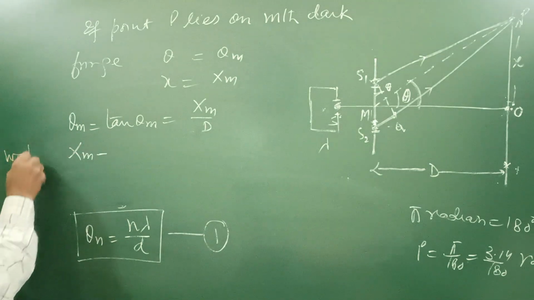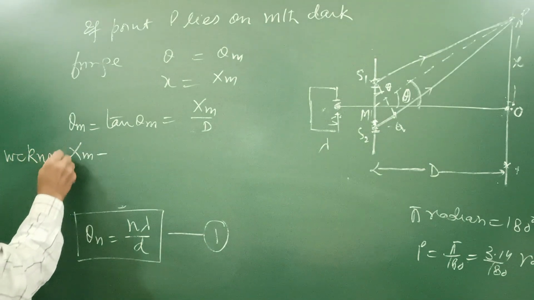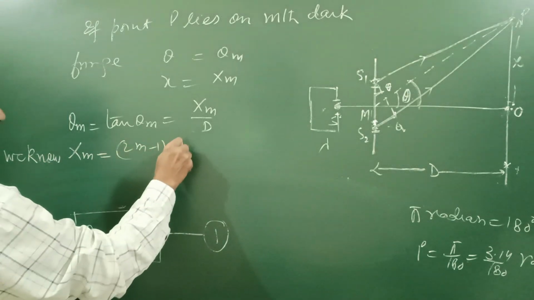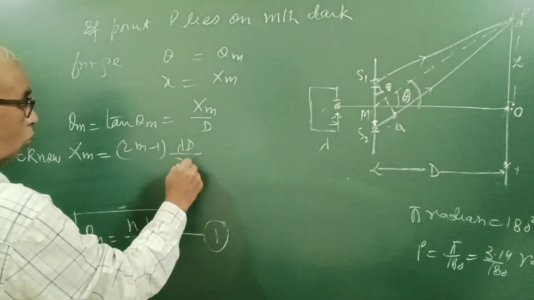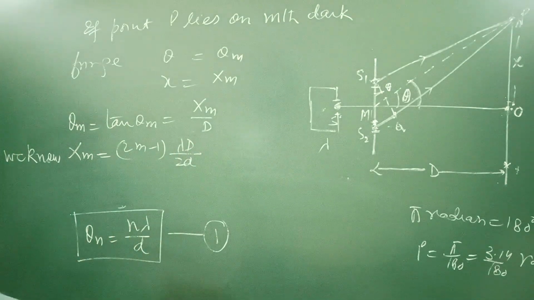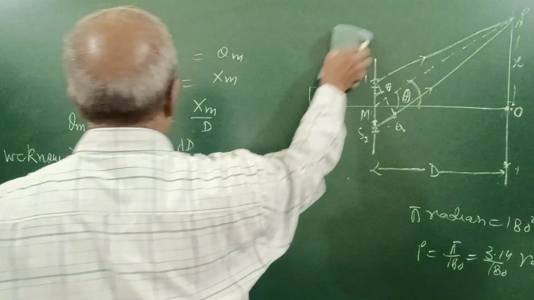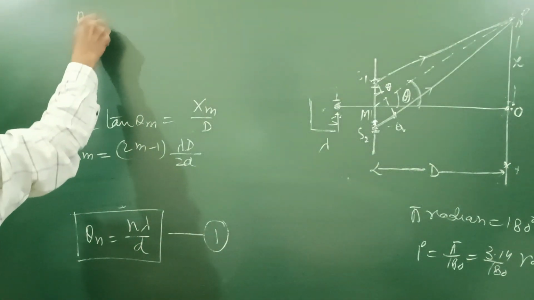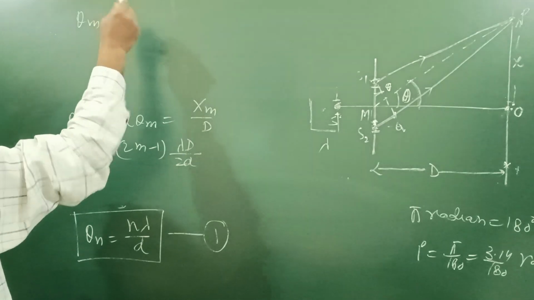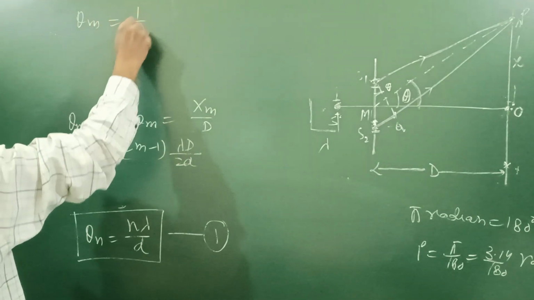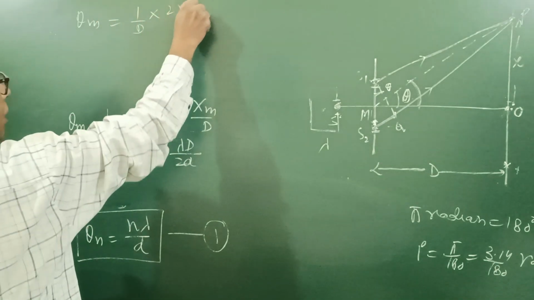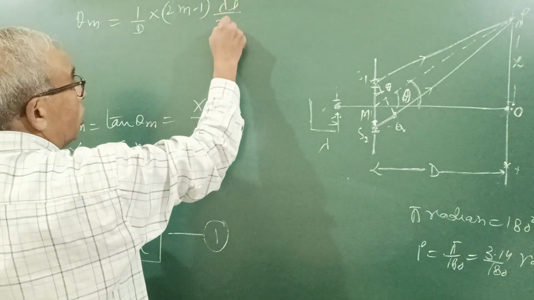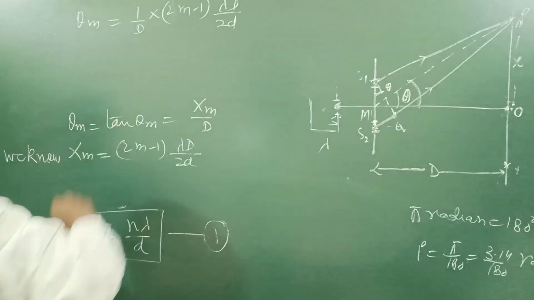Now we know xm equals 2m minus 1 into lambda D upon 2d. So what is theta m? Theta m is equal to 1 upon D into 2m minus 1 into lambda D upon 2d. Don't forget, here comes 2.